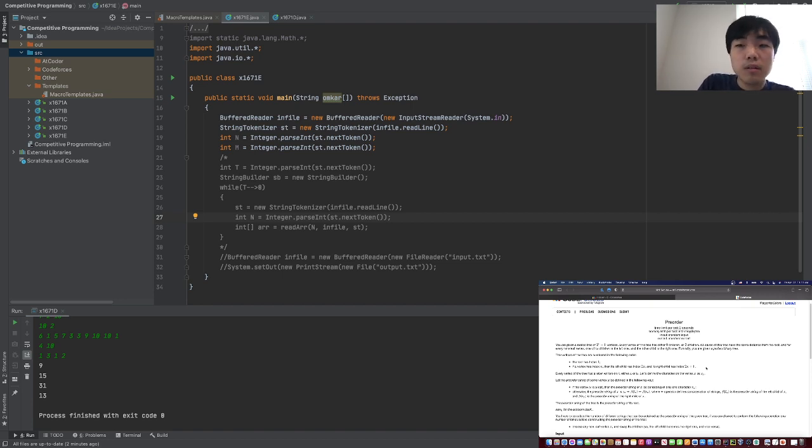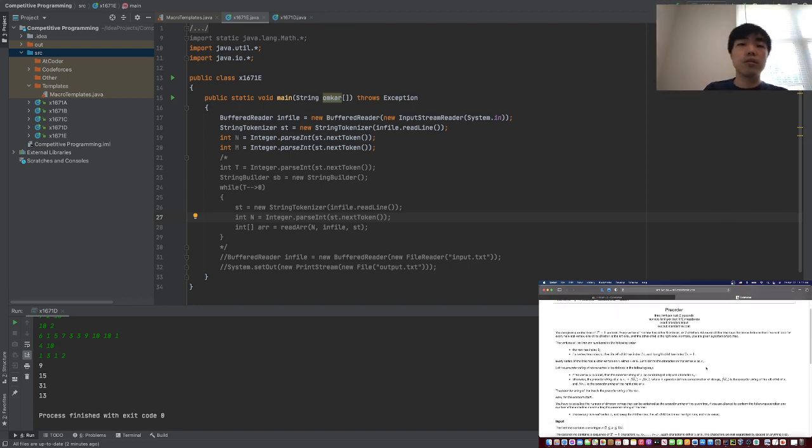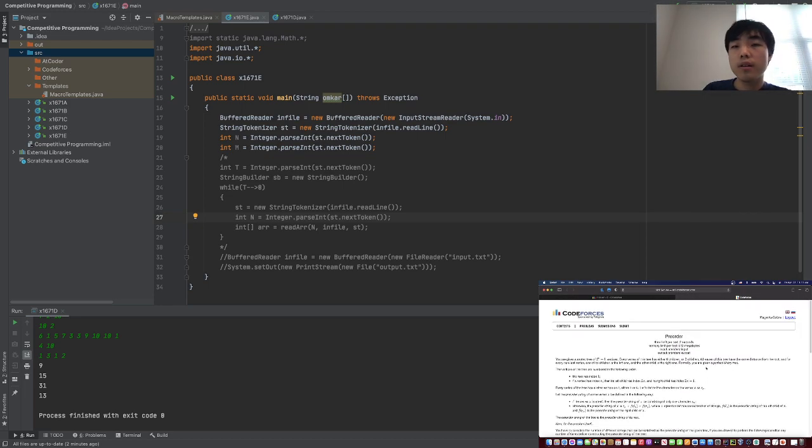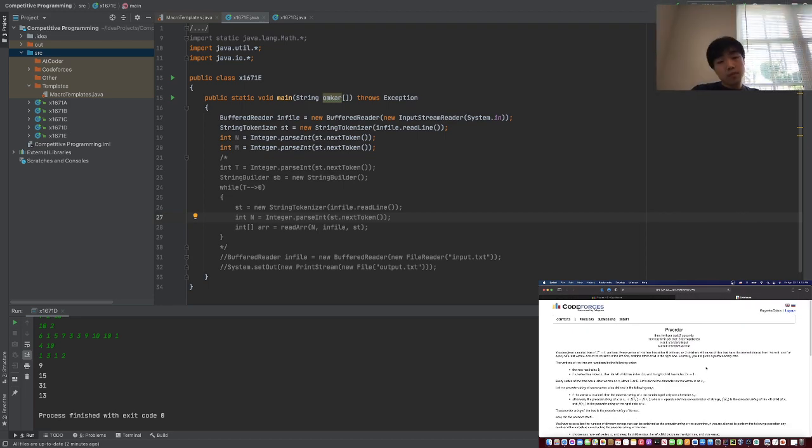All leaves have the same distance from the root, and for every non-leaf vertex, one of its children is the left and the other the right. So that's a perfect binary tree. If it's not a leaf, it has 2 children, and all the leaves are the same distance from the root.